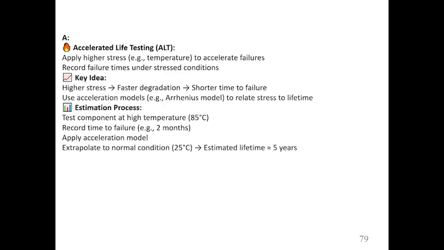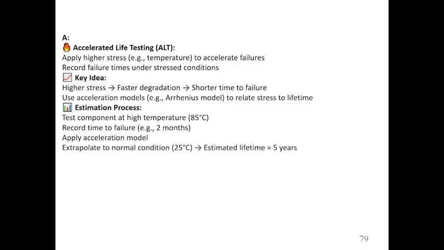In this example, accelerated life testing is used to estimate the lifetime of an electronic component under normal operating conditions. Instead of waiting several years for failure to occur at room temperature, engineers increase the stress level by raising the temperature to 85 degrees centigrade.